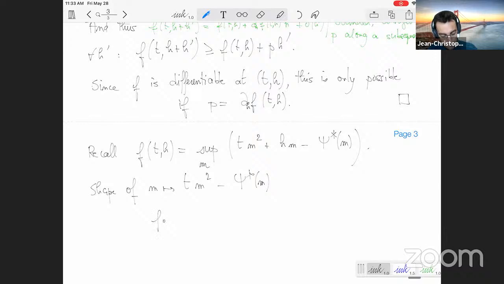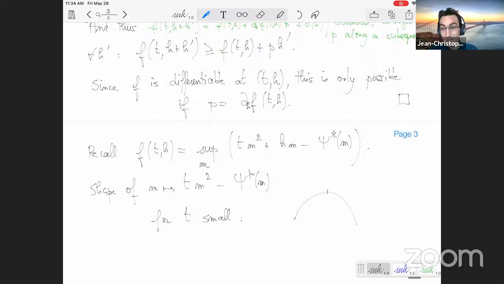For t small, the fact that you add a little bit of tm square will not destroy the fact that minus psi star looks like a downwards parabola. This function will look like something like this, and so the optimizer will be at 0.